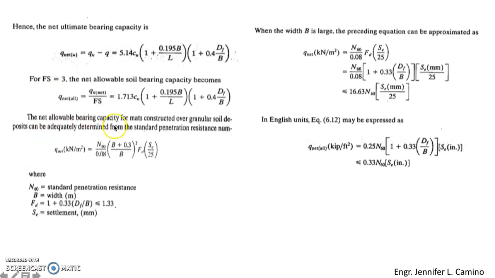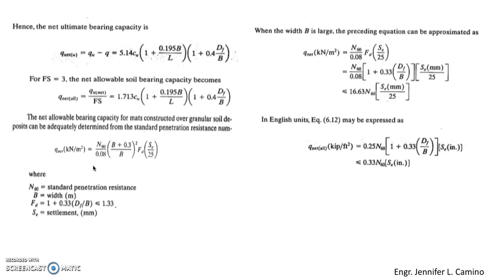So the net allowable bearing capacity for mats constructed over granular soil deposit can be adequately determined from the standard penetration resistance number. So you can also compute for the net allowable bearing capacity for mat foundation that is constructed over granular soil.